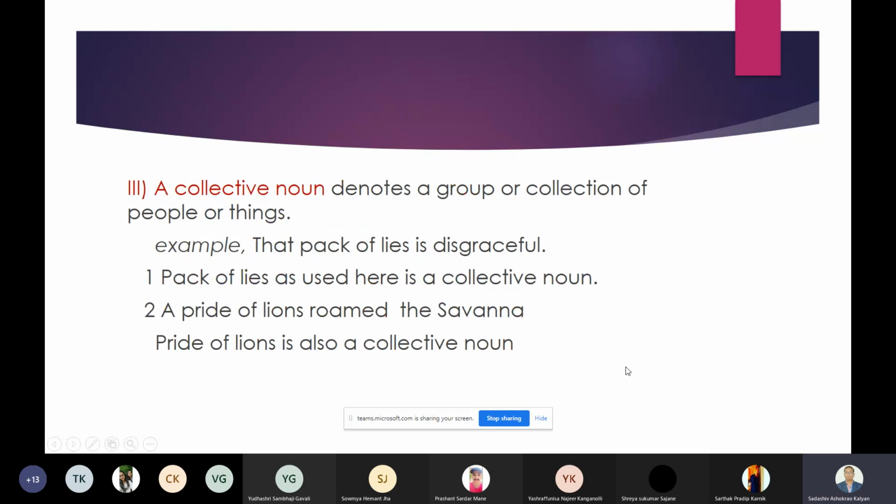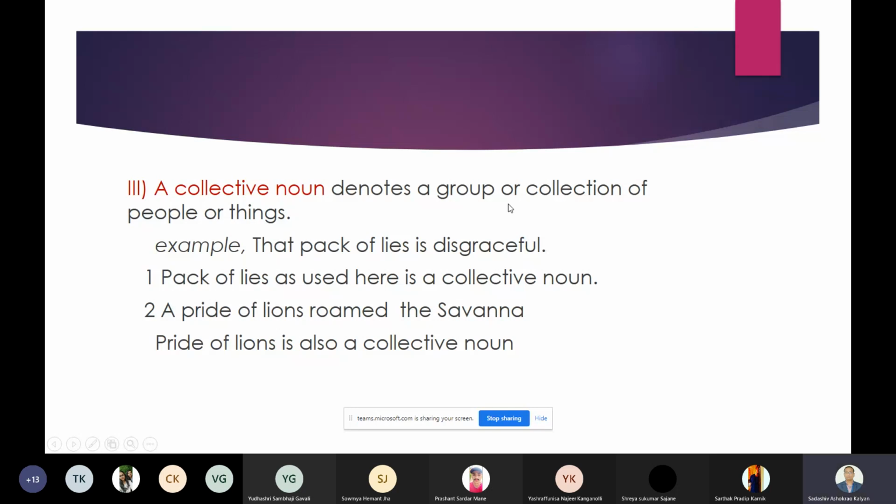Then we have discussed the various kinds of collective nouns. Collective nouns are those which tell us about any one group or collection of particular people or particular things. We use the word dy particle group. So this is a collective noun.